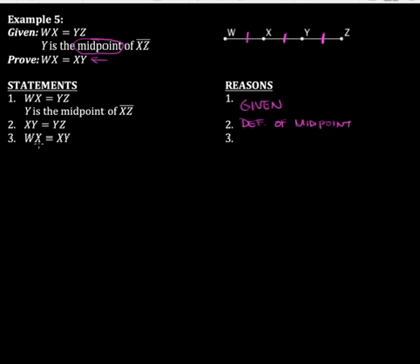Now lastly, we have a statement that says WX equals XY. Well, where have we seen WX before? We've seen it right up here when it was stated that it was the same as YZ. Where have we seen YZ before? Right here when it said that YZ was the same as XY. So what we did was we took this YZ right here and I turned it into this WX because YZ and WX were said to be equal.